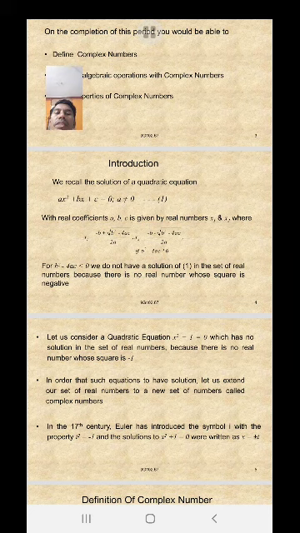With real coefficients a, b, c, it is given by real numbers x1 and x2, where x1 equals minus b plus under root of b square minus 4ac by 2a, and x2 equals minus b minus under root of b square minus 4ac by 2a.